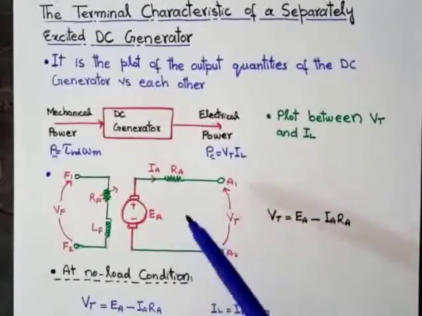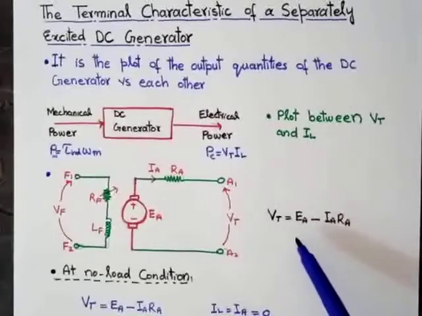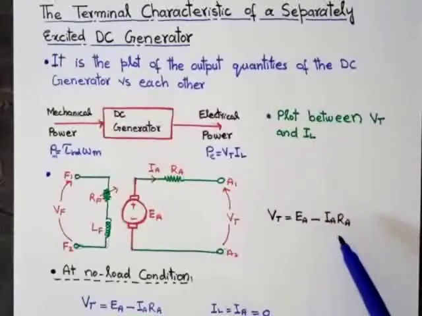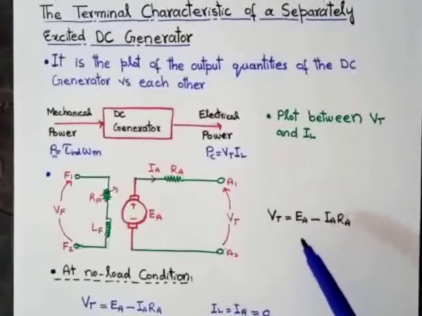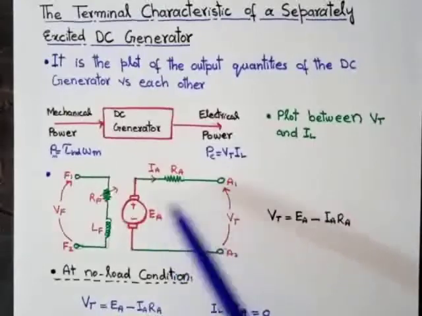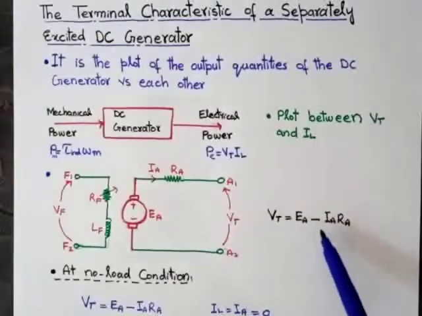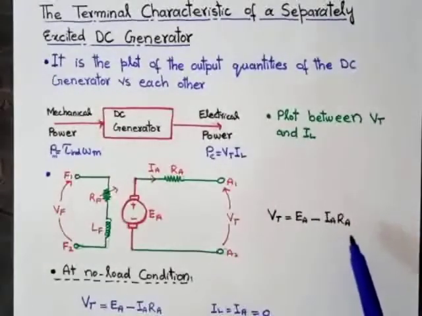By applying KVL, we get Vt is equal to Ea minus Ia into Ra. This equation we have already discussed in the last lecture.